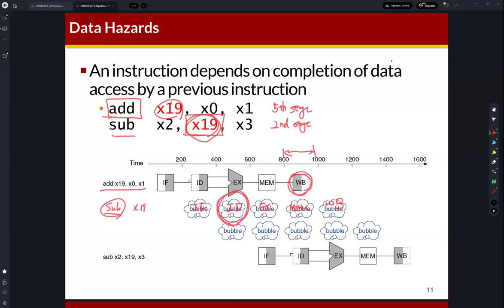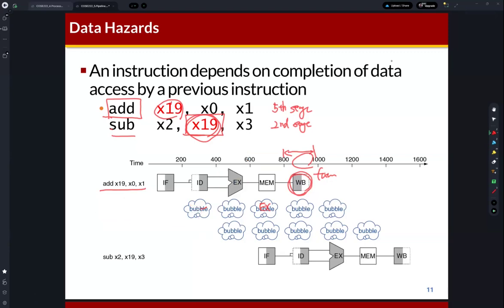The sub instruction tries to read data from the register file during this clock period. But as you can see, the data is not stored in the register file yet. So this is the future, this is the past. Because the data is not stored in the register file, the sub instruction obviously cannot read data from the register file, right? So how can we handle this situation?